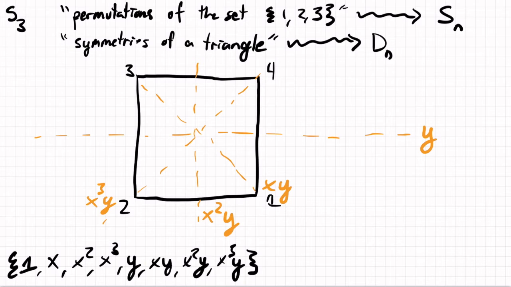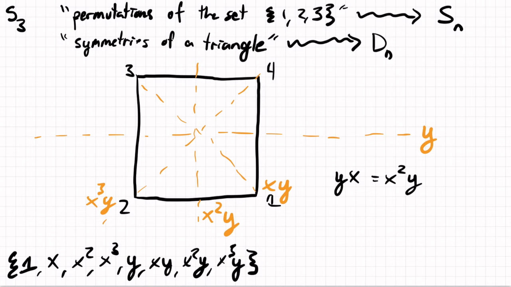And those will be all of the reflections and rotations that we can get. And so in Sn, we had the following relation between our symmetries: if you apply y, then you apply x, you get x squared y.